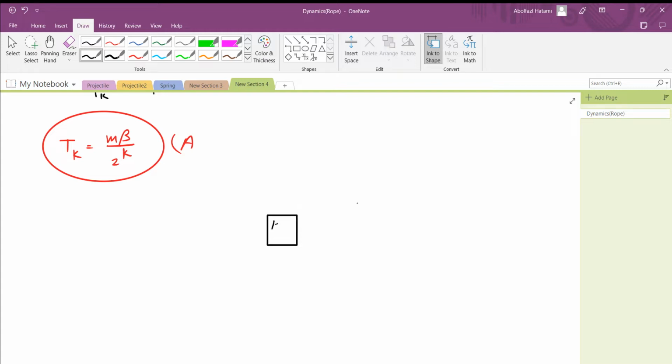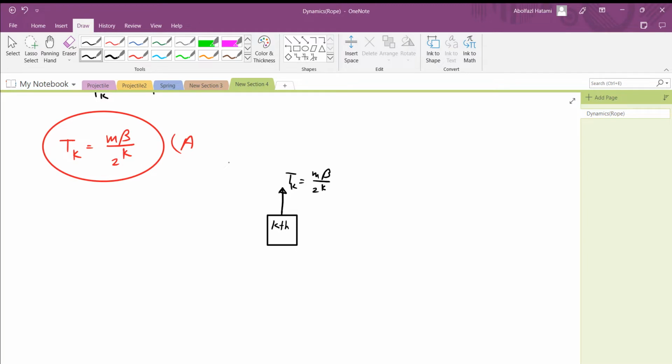For the kth block, we have a tension here, which is in the kth rope, Tk, which is m beta divided by 2 to power k.